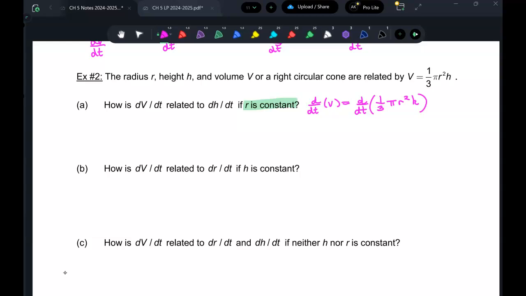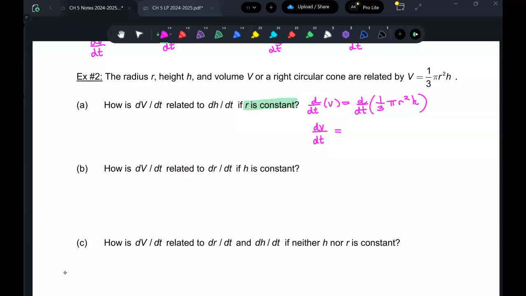Okay. Great. Left side is going to just be dV/dt. Now, I want to see how dV/dt, the change in volume with respect to time, is related to dh/dt if r is a constant.